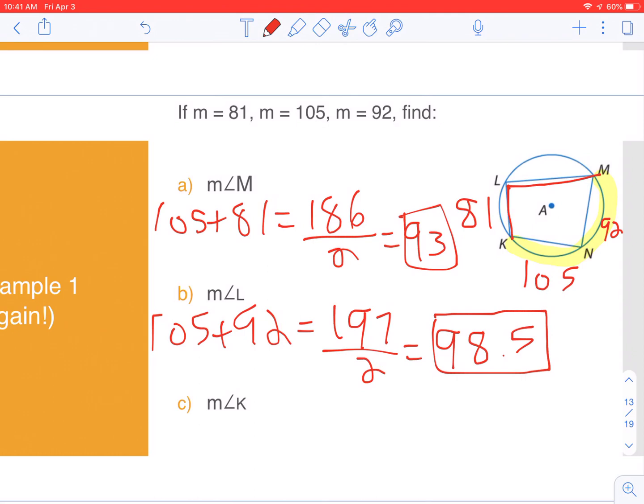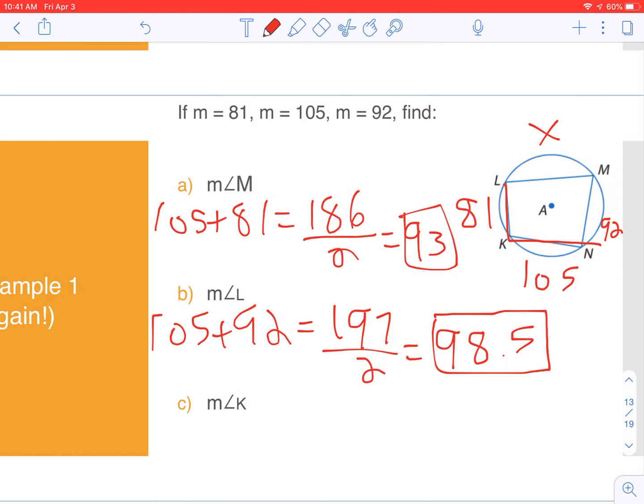Last but not least, we're going to find angle K. Now, here's where you have to do 2 steps. I'm going to find angle K. But check this out. I don't know this. What do all the arcs add up to in a circle?